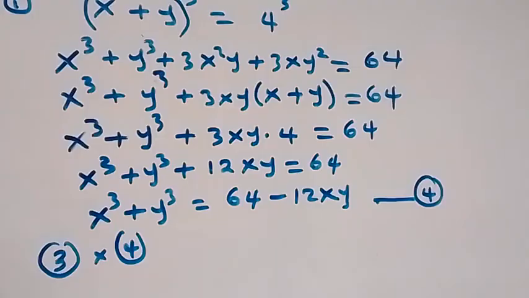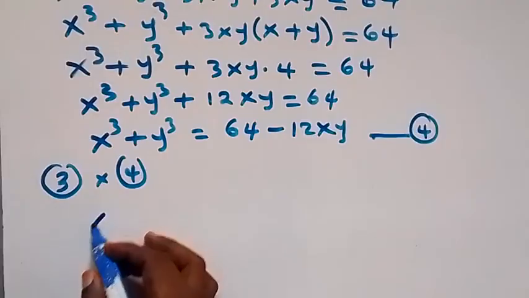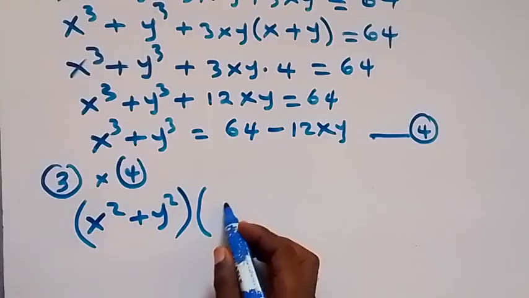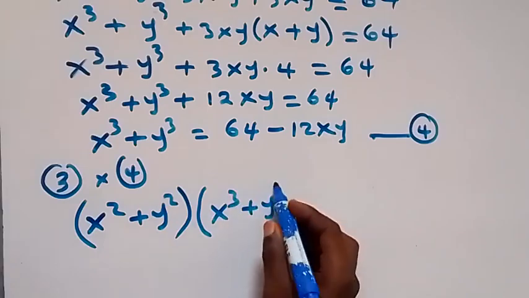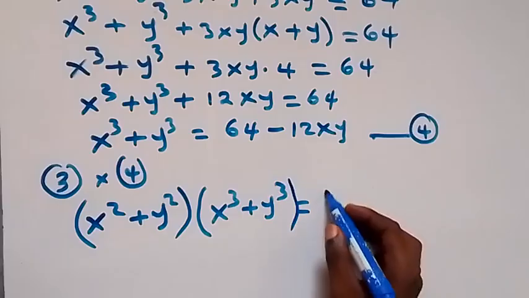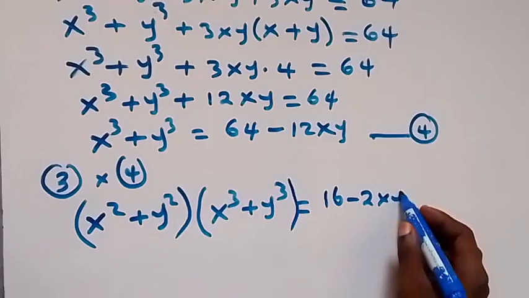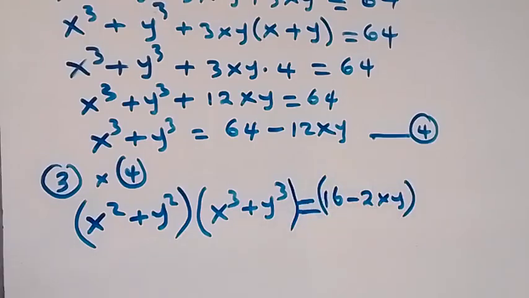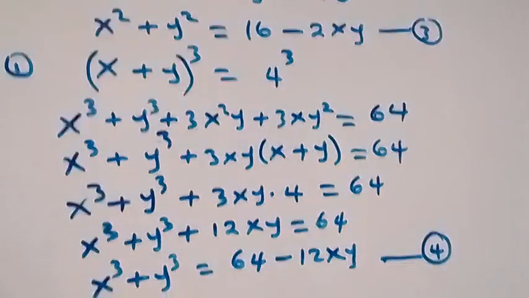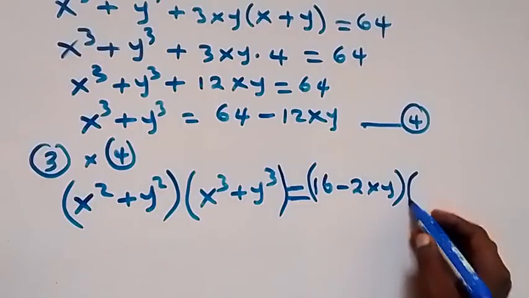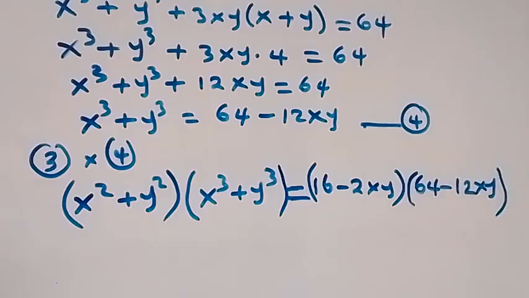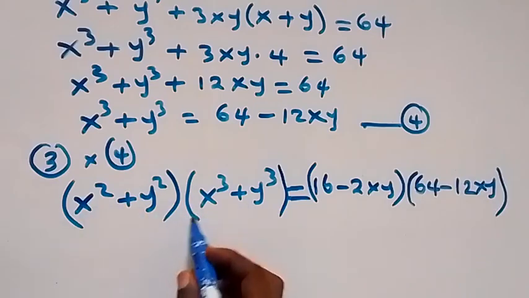From equation 3, we have the left hand side as x squared plus y squared, which is multiplied by the left hand side of equation 4, that is x cubed plus y cubed, then equals, from the right hand side of equation 3, 16 minus 2xy, multiplied by the right hand side of equation 4, which gives us 64 minus 12xy.